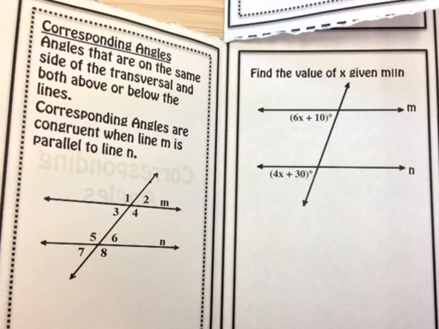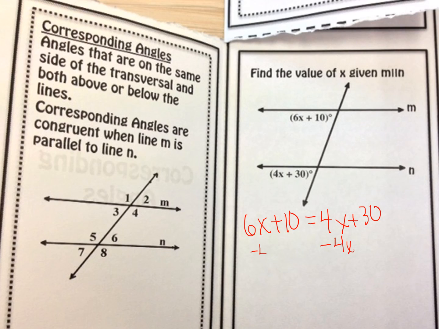So remember, corresponding angles are the ones that are hardest to identify, but in our picture, they're the only ones that are labeled, and they're both on the same side of the transversal, and they're both below the line. So we know that they're corresponding angles, and we know they're congruent. So we can say 6x plus 10 equals 4x plus 30.